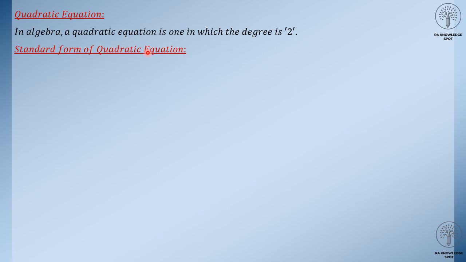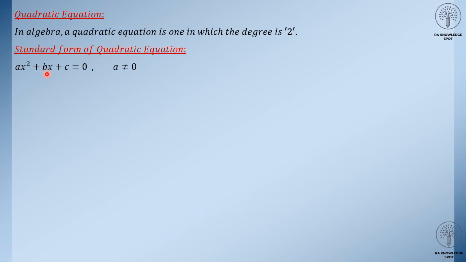And what is the standard form of a quadratic equation? In your exam, normally you could be asked what the standard form of the quadratic equation is. ax squared plus bx plus c is equal to 0, where a is not equal to 0. Why? Because, see students, if a is 0, when you multiply x squared with 0, this whole term will be 0, meaning it will vanish from here.